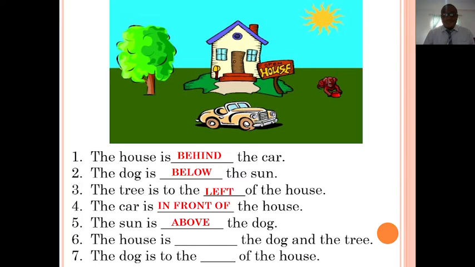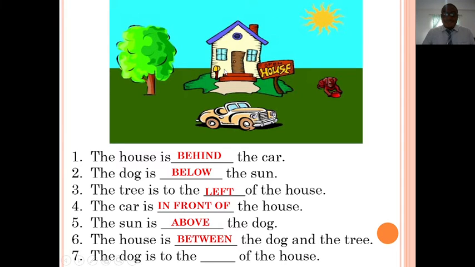Number 6. The house is the dog and the tree. So if we look at the house, the tree, and the dog, where is the house? The house is between the dog and the tree. The house is between the dog and the tree.